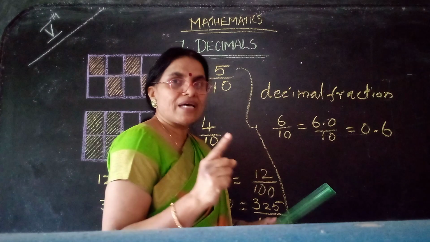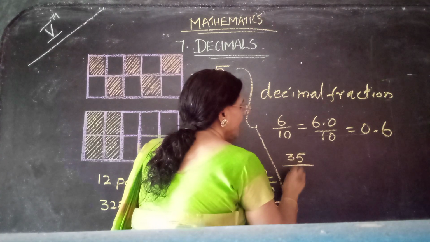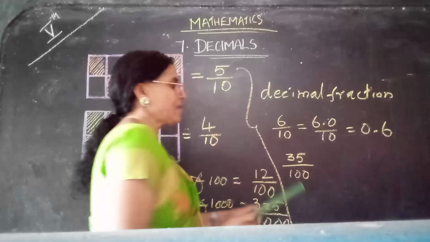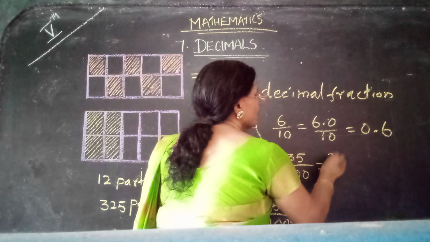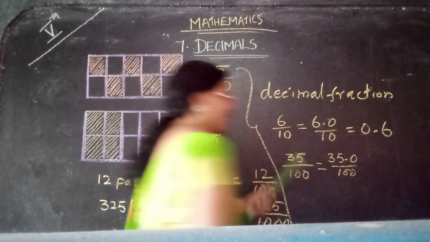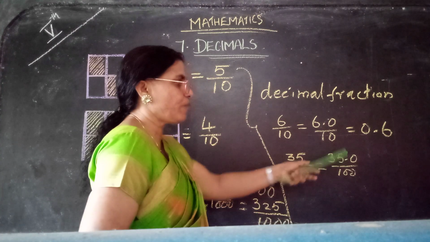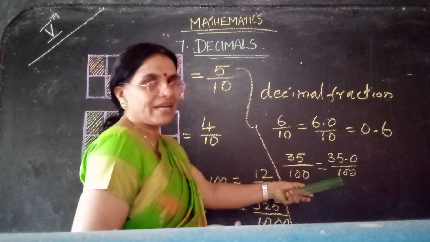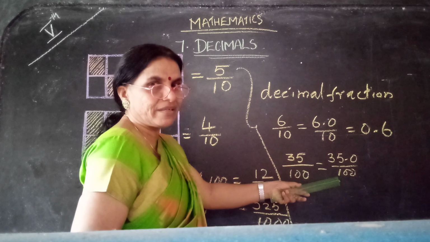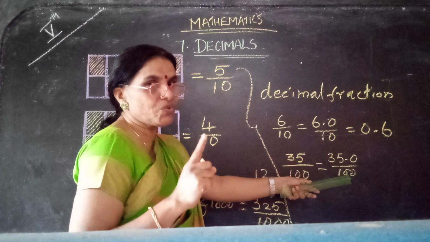Shall we do another example? Yes. See here, children. 35 by 100. Where is the decimal point here, children? Actually, equal to 35.0 by 100. Any change here, children? No. What is the special here, children? What is the denominator here? 100. How many zeros are here? 2 zeros.